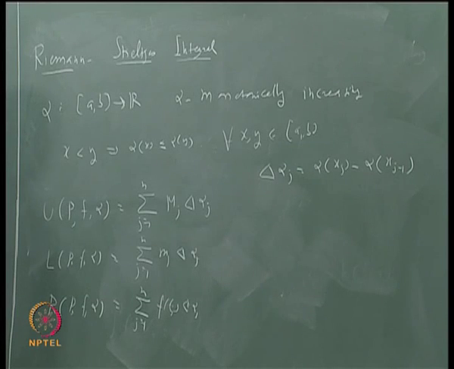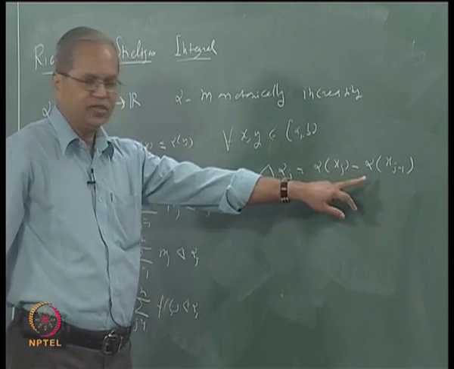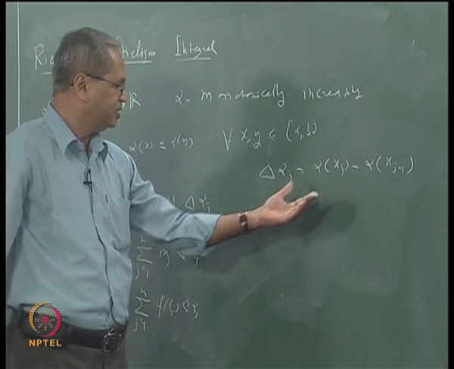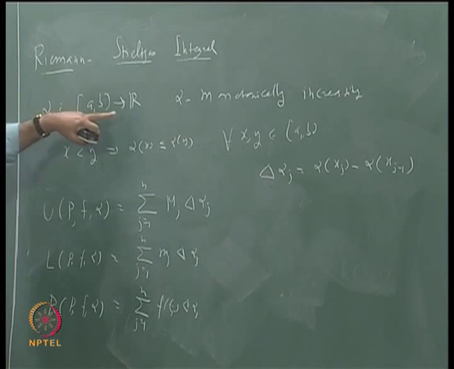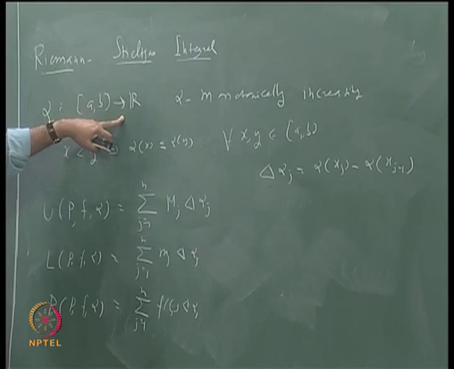It is because if you take the function alpha x equal to x, then delta alpha j is nothing but xj minus xj minus 1, which is nothing but delta xj, in which case this will simply become the upper sum U(P, f), this will simply become the lower sum L(P, f), etc. In other words, the Riemann integral is a special case of the Riemann-Stieltjes integral if you take the function alpha x equal to x, that is a monotonically increasing function.